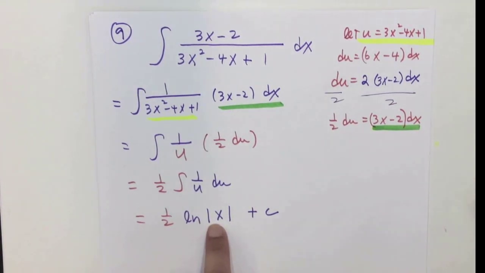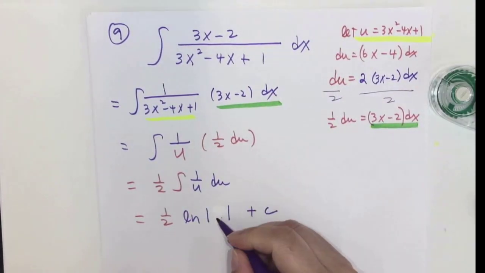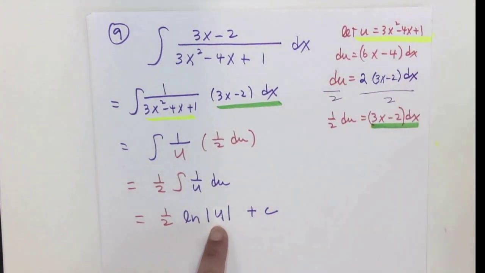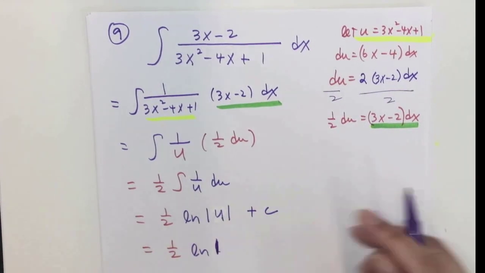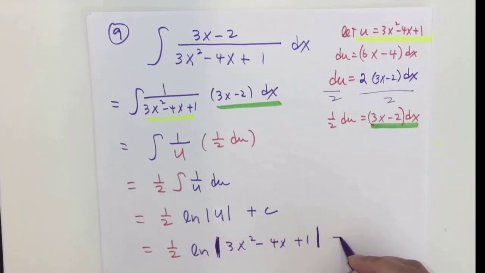It's supposed to be a u, not x, because we're doing 1 over u. So ln of u, so u is what? This part, right? So we need to substitute back. So this is going to be 1/2 ln absolute value of 3x squared minus 4x plus 1, close the absolute value, plus c.